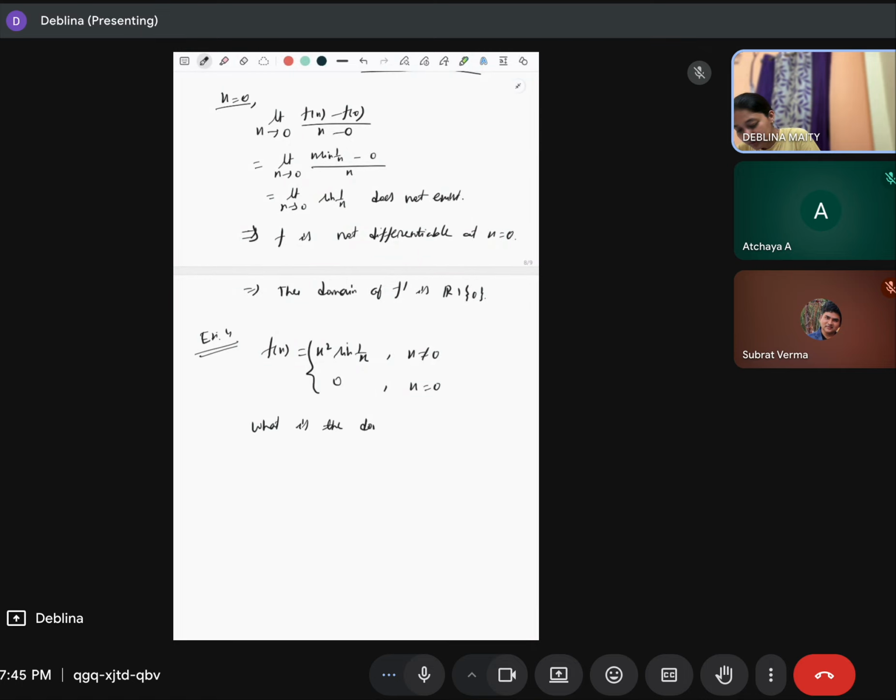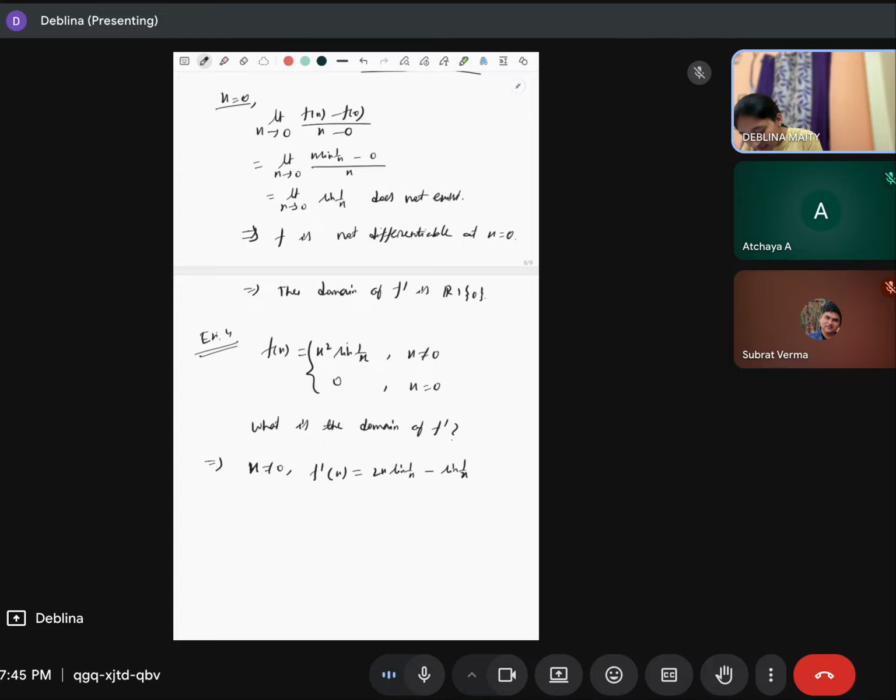If x is not 0, then f dash x is 2x sine 1 by x minus cos 1 by x.